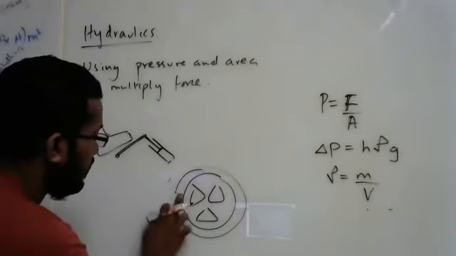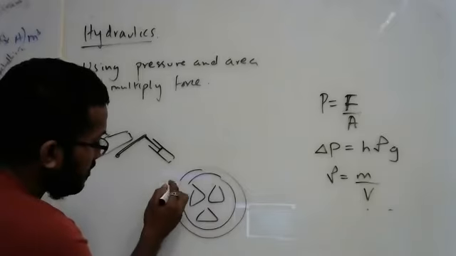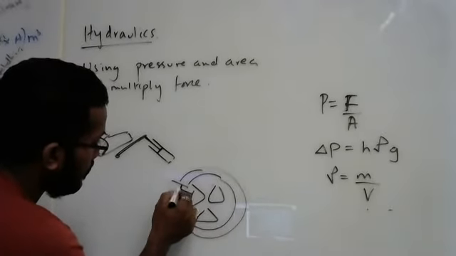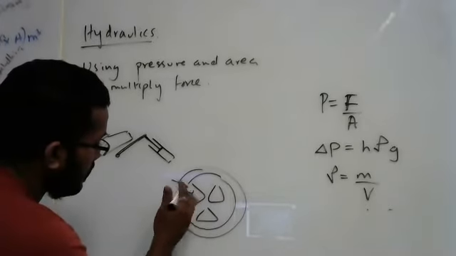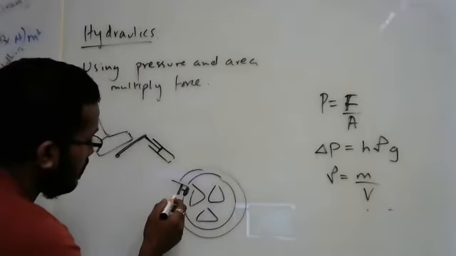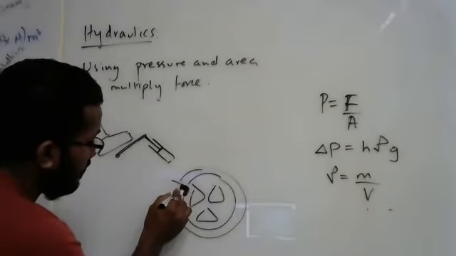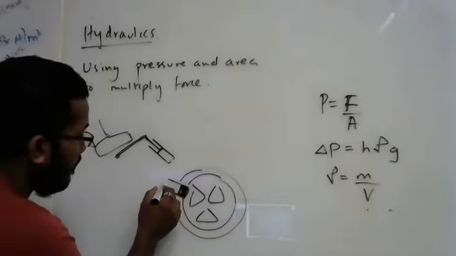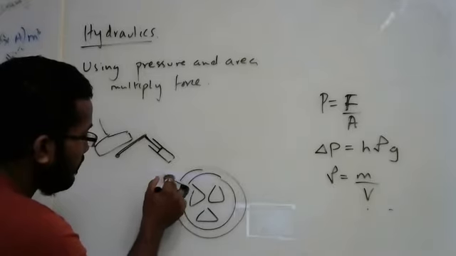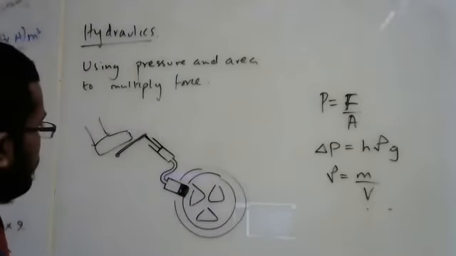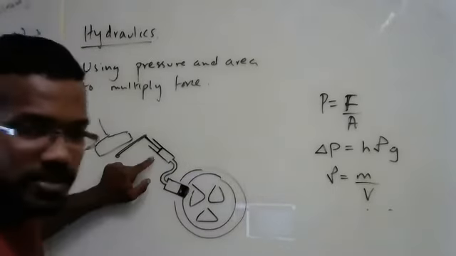Hold on, we need to modify this. Put a piston in here. No, we'll actually simplify it. Just make this into a kind of a deal like this, and then there's a tube coming from here. Have you guys already drawn this bit?